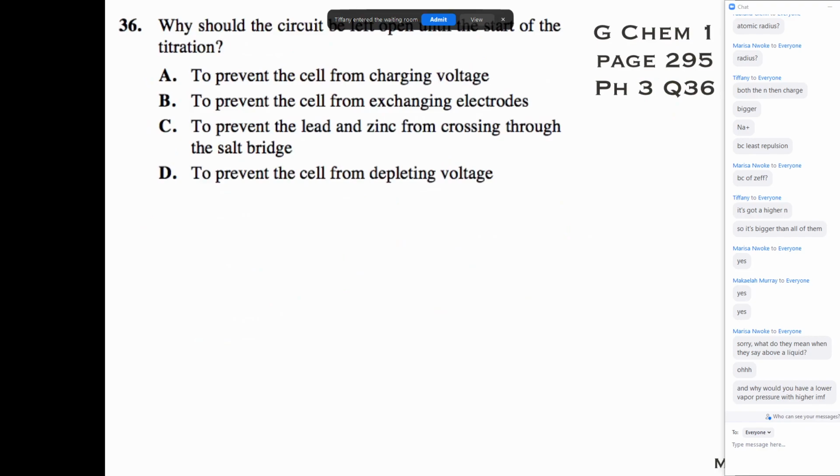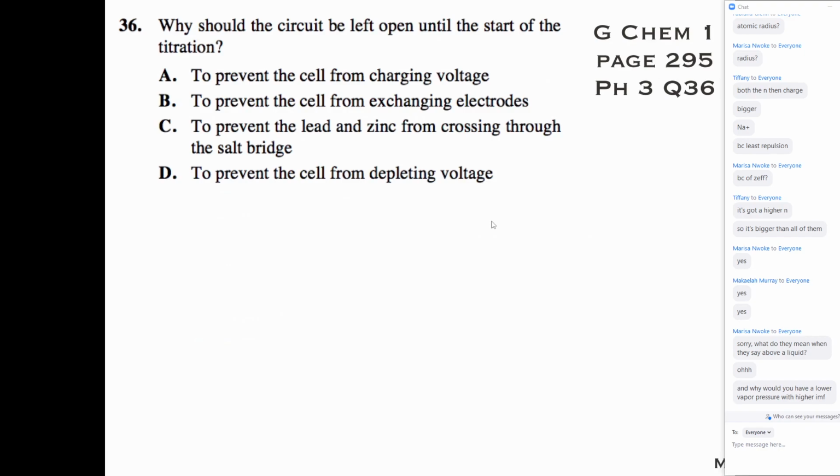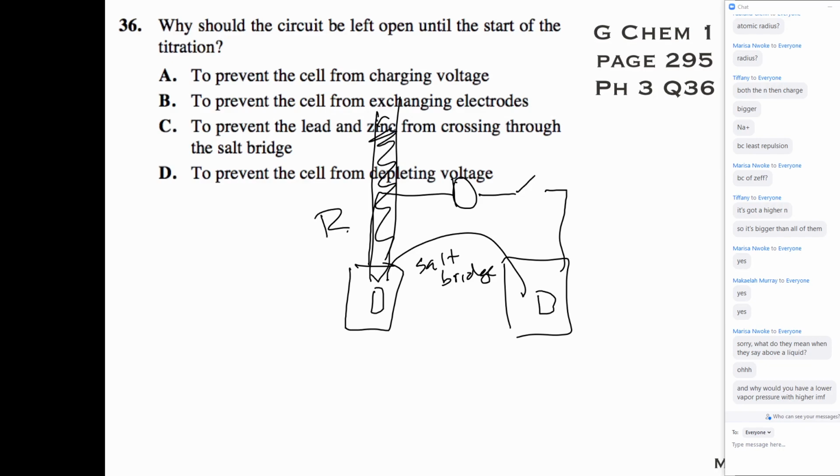Why would a circuit be left open until the start of the titration? Okay. I apologize for not putting the picture of what's going on here, but basically you have two electrochemical cells connected by a salt bridge, connected by a wire, and then you're actually titrating one side with whatever you have, which means you're titrating in reactant.